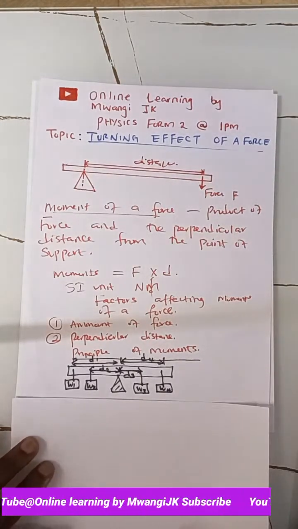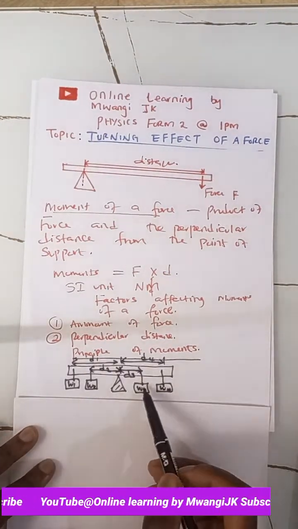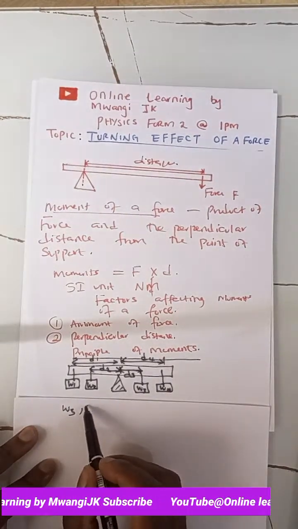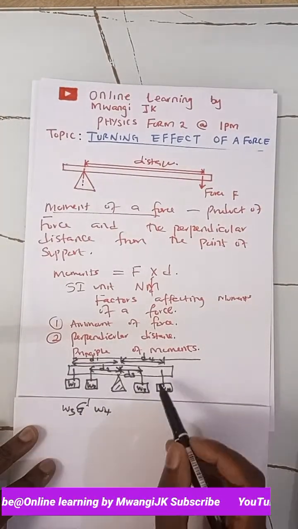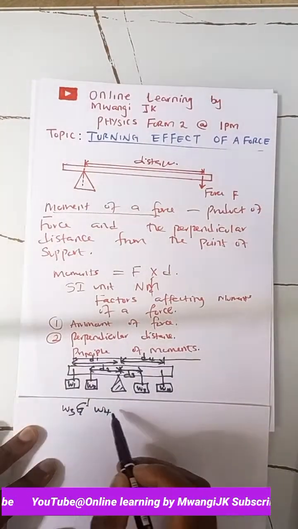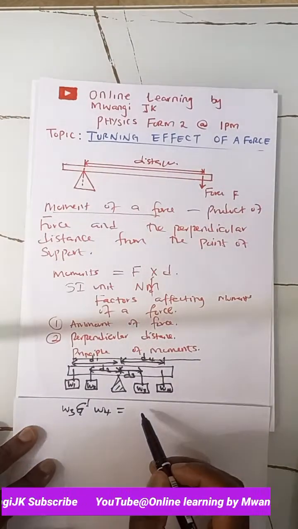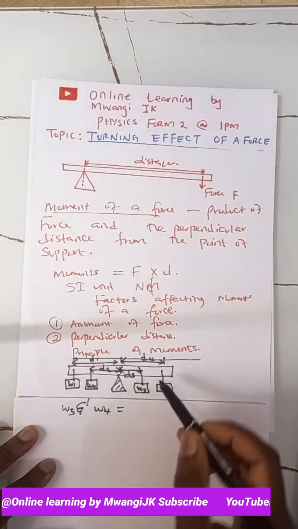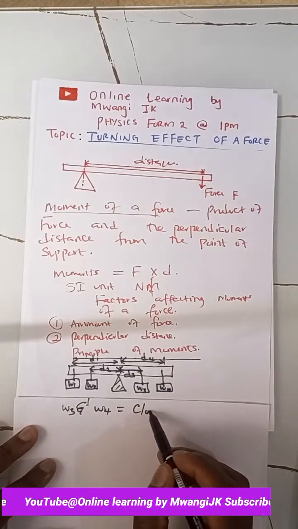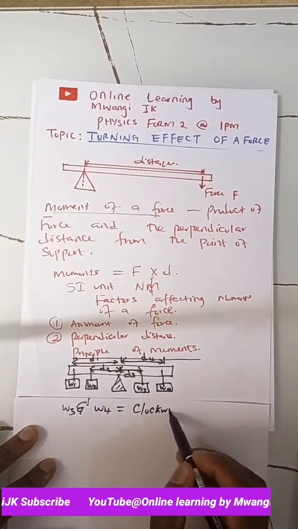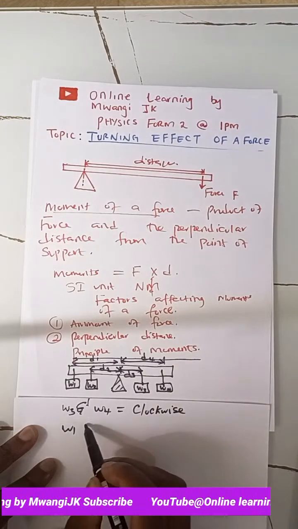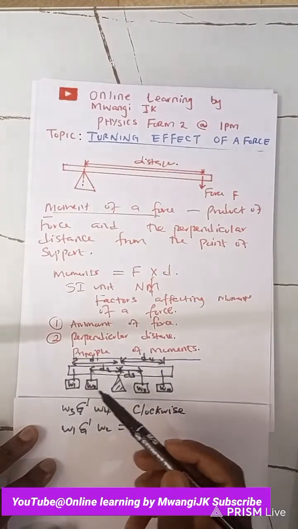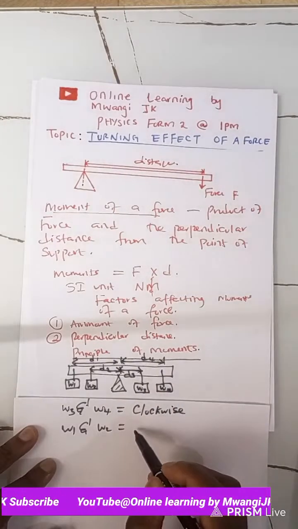If we say we have the forces W3 and W4 taking this bar in a clockwise manner, we call those clockwise, while W1 and W2, if they are allowed to hang on this bar, will be anti-clockwise.